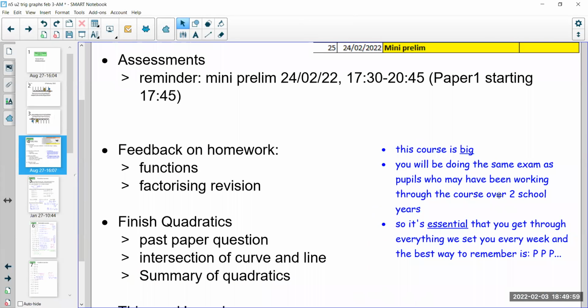For 2 years, they get 4 or sometimes 5 periods of math every week. So those are the ones that you're going to be competing against. You've only got 8 months to do it with 3 hours per week. And like adults that we are, we work, we do other things. So it's essential that you get through the stuff that has been set for you every week.